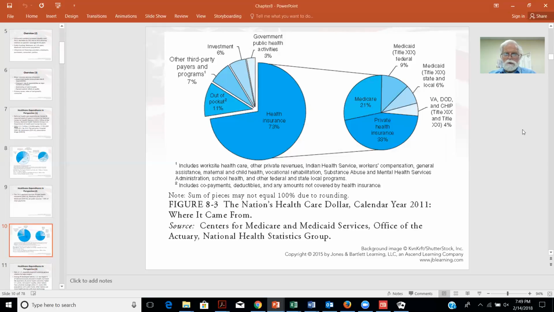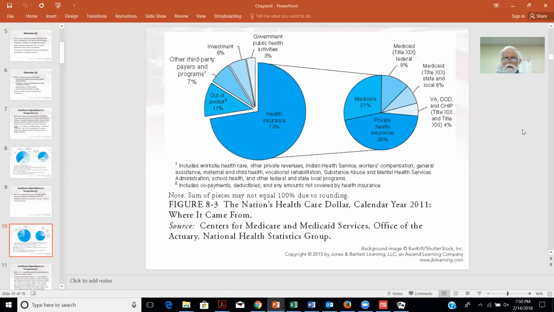If we look at the health insurance, we've got Medicare, private health insurance. Okay, so 1/3 of the 73%, or approximately 24% of the expenditures actually come from private health insurance. 21% of that 73% are Medicare.